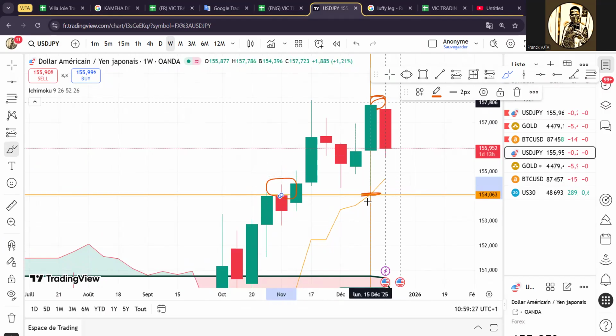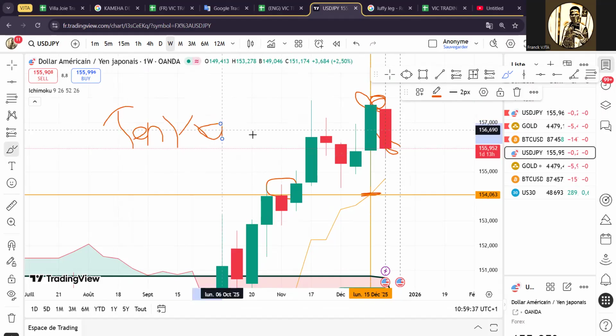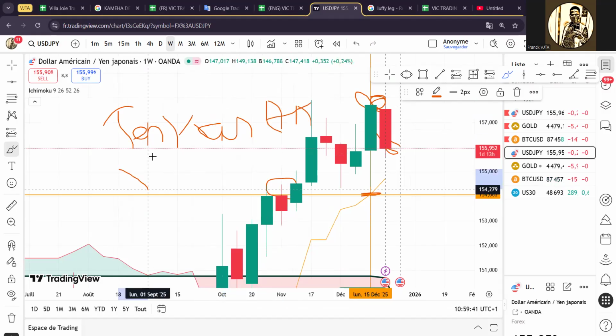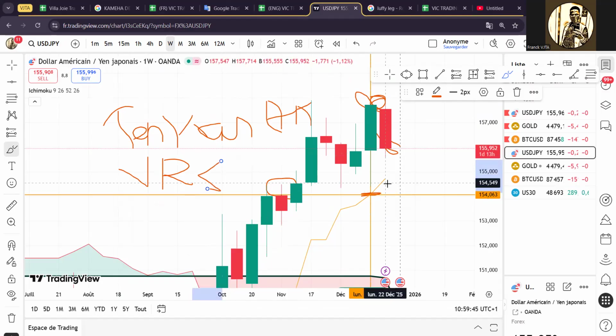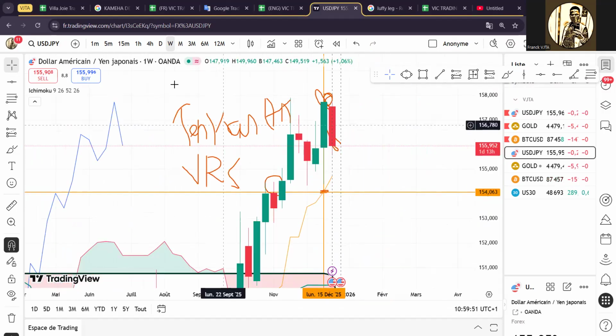So this weekly candle should be creating a reversal. This is what I call Tenkan tapping or hitting the VRS. That's how we know that it's the reversal.